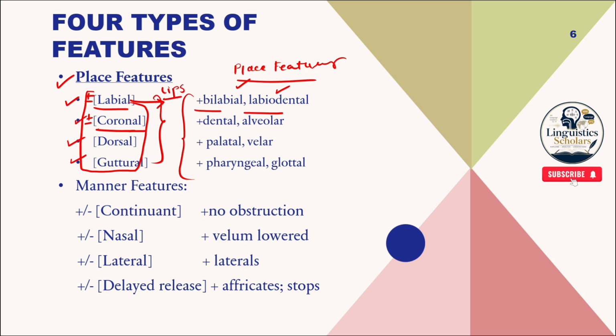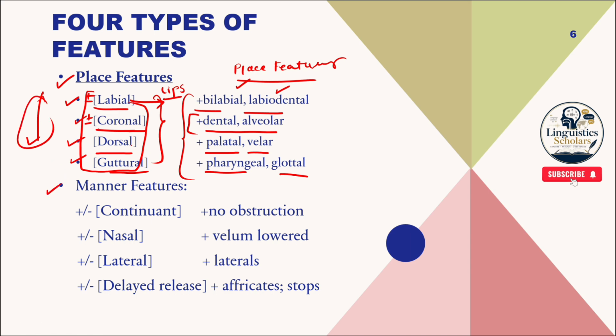And the coronal, where the upper ridge, the upper part of the upper jaw is involved, the sounds that are produced are the dental and the alveolar. When I say dorsal, it is further back, referring to the sounds produced by using palatal and velar. And we have guttural, referring to pharyngeal and glottal sounds. So these are the four major place features.